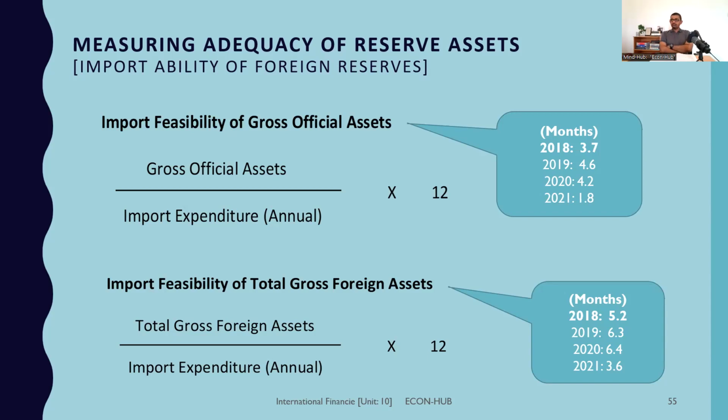We had about 4.6 months of import feasibility in 2019. It has come down to 1.8 in 2021, and further reduction in 2022. Then import feasibility of total foreign assets, that is government and private sector. We had 6.4 months in 2020 and that has come down to 3.6, and much further reduction would be there in 2022. Find the 2022 value. These are important. Right, get this done.